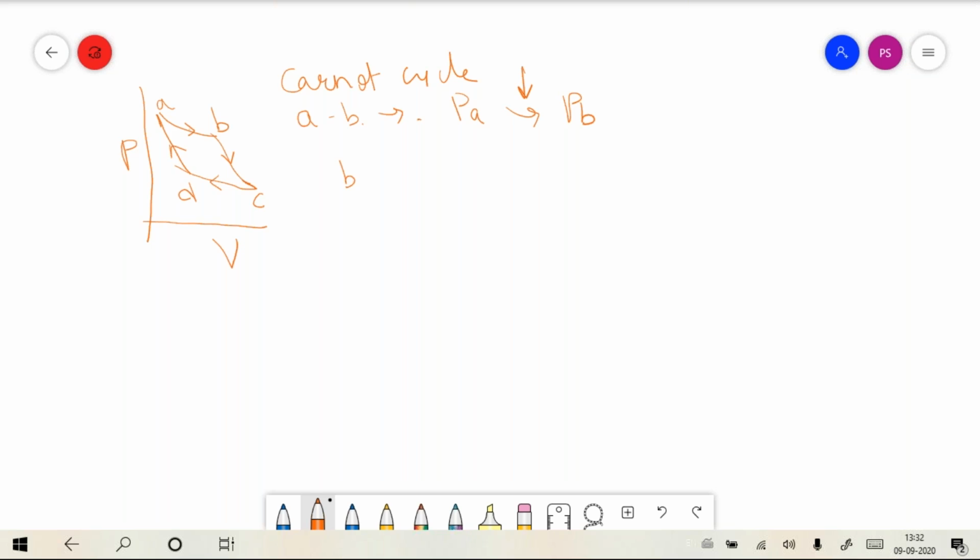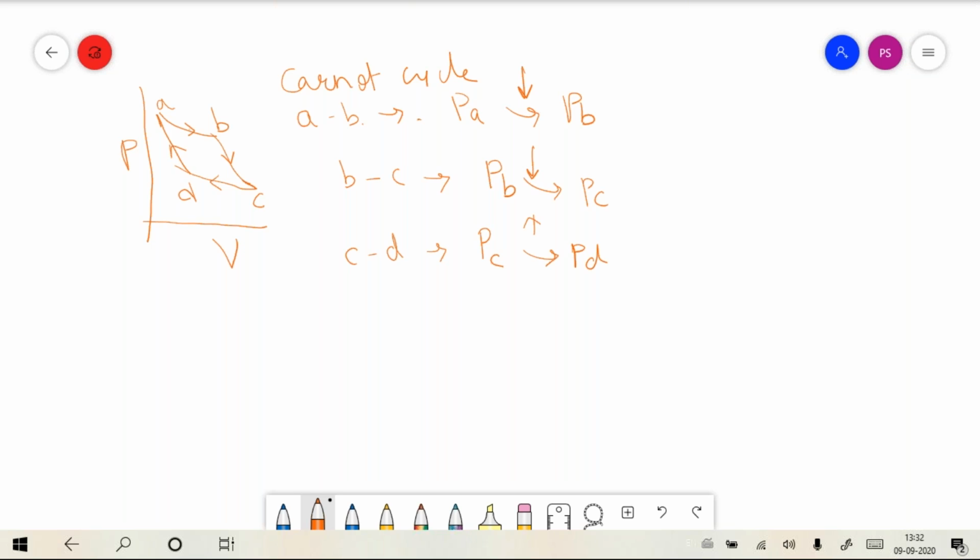Then during process B to C, you see that again there is a lowering of the pressure. If you look at C to D, there is a pressure PC, you again get back to the pressure PD.